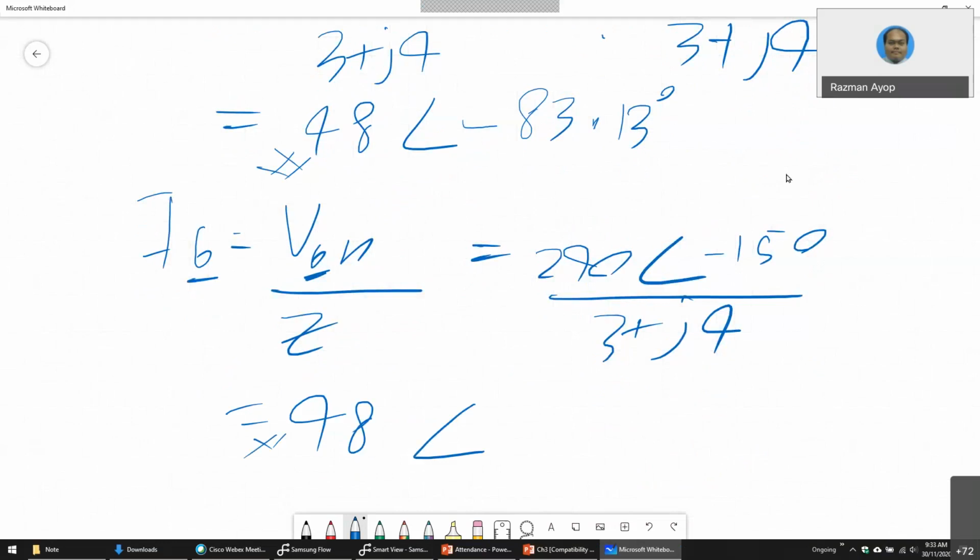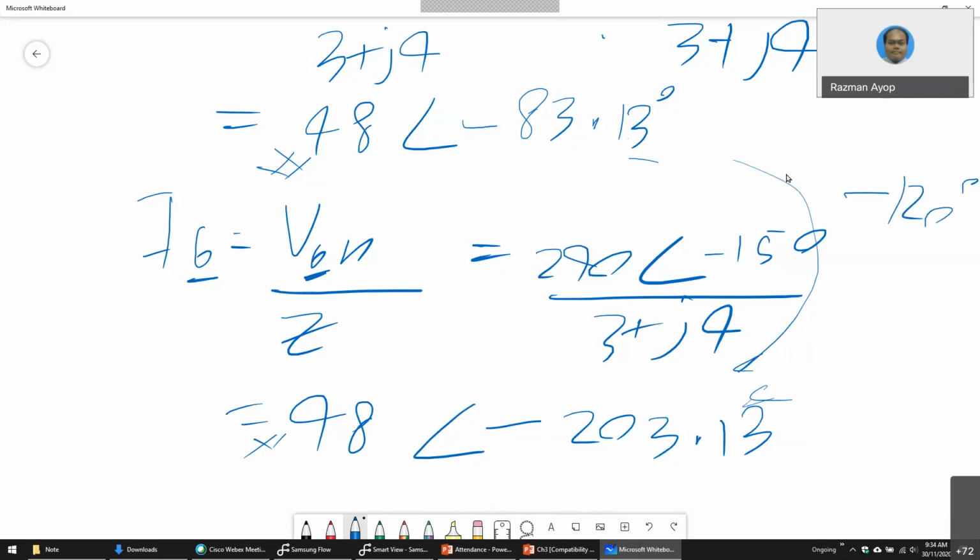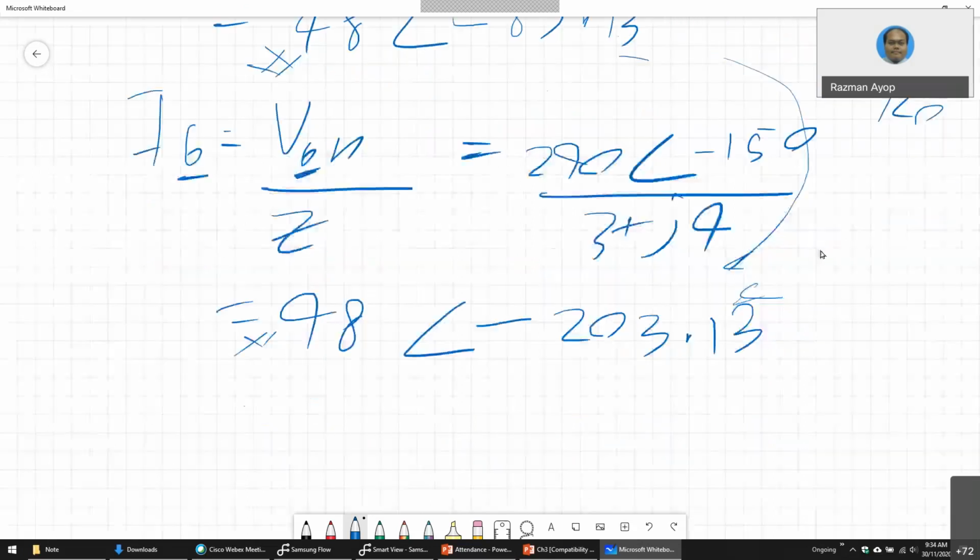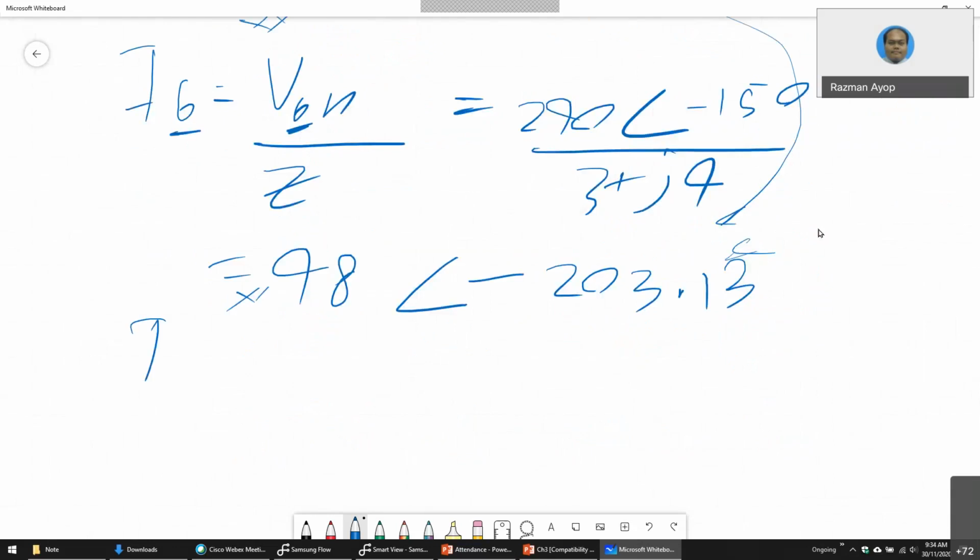The angle should be 120 degrees apart, so negative 203.13. To check the answer, make sure it is negative 120 degrees apart. Same for IC, which is VCN divided by Z. Use the same steps to get the answer.